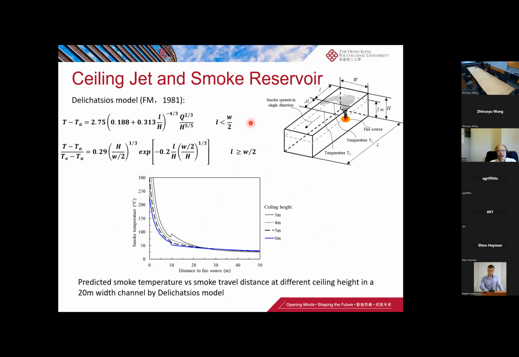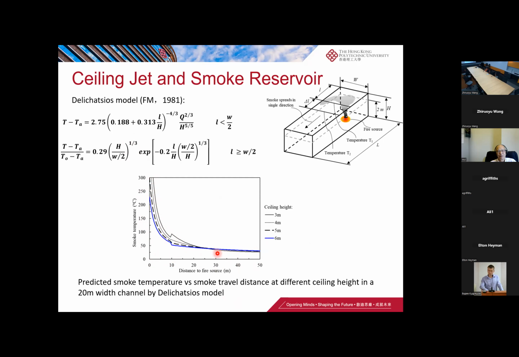But when I plot these two equations for the situation we met, a 20 meter wide channel, we find a problem. When I plot this curve, when the smoke travels about 10 meters, there is a discontinuity point here. This shouldn't happen because the smoke flows smoothly.